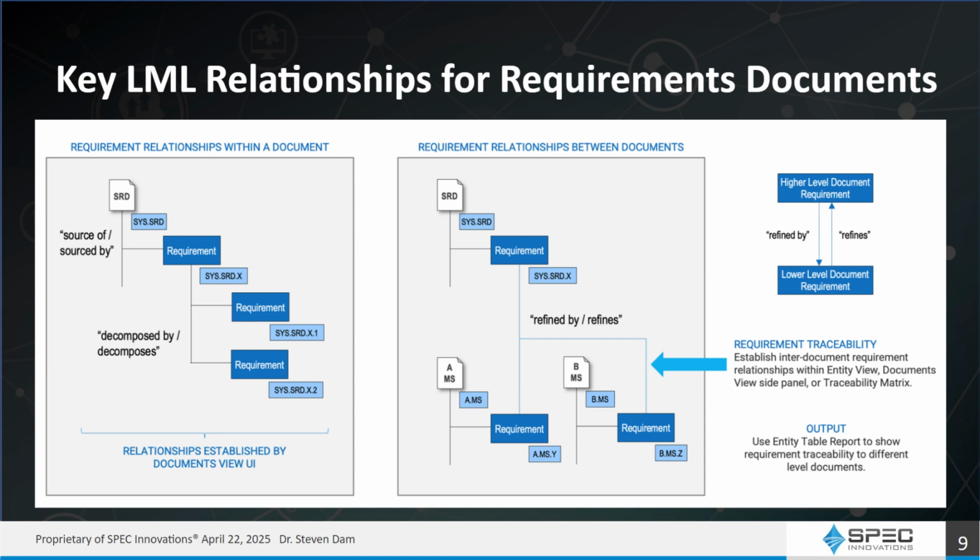So here we show in the right-hand picture that SRD to the requirement. Now the requirement is shown using a refined by, refines relationship to another document. So again, AMS means, I'm not sure what the specific meaning was, but basically that's in a different document.